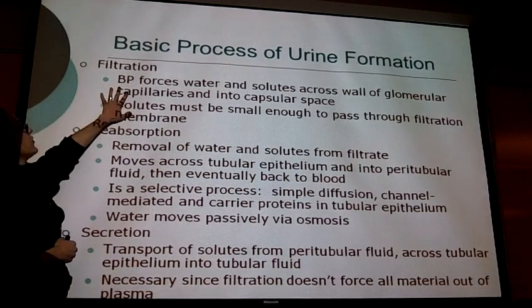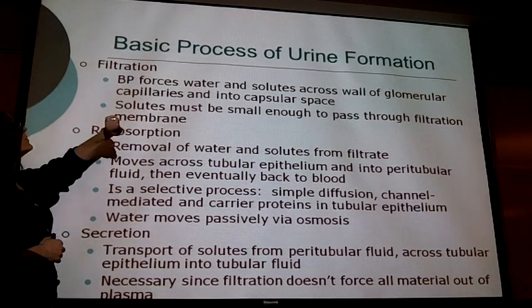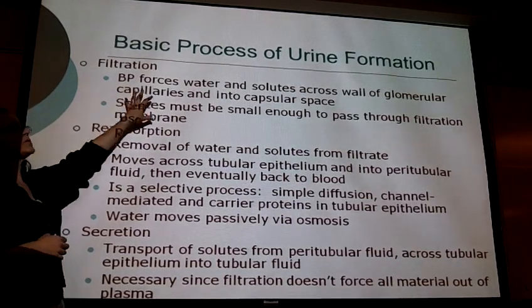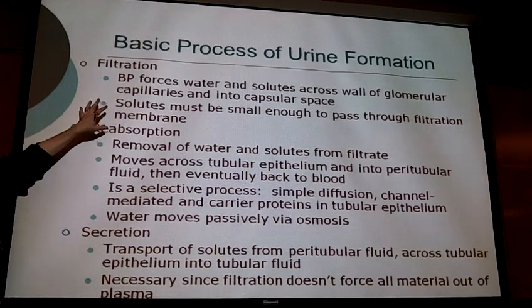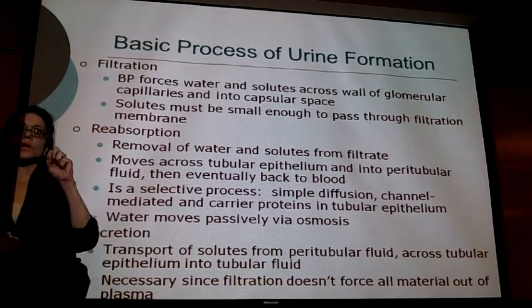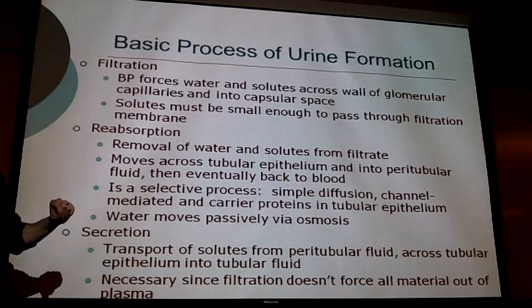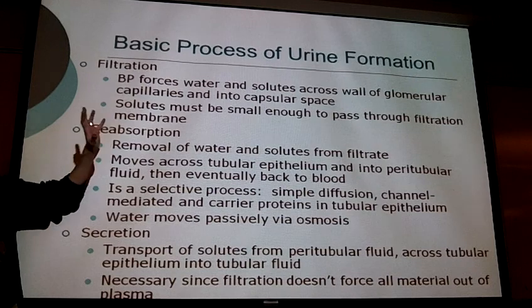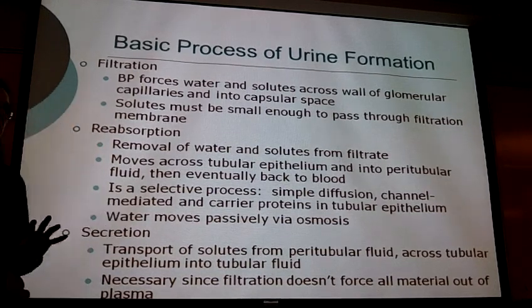So again, for filtration, remember that this happens at the renal corpuscle between Bowman's capsule and the glomerulus. Here we're going to produce filtration based on pressure, blood pressure, forcing material out of the glomerulus. Whatever is small enough to pass through those slits will end up in the filtrate.